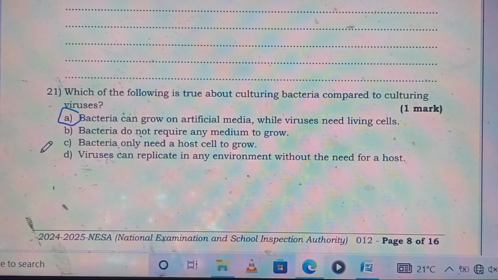Question number 21. Which of the following is true about the culturing of bacteria compared to the culturing of viruses? It is A, bacteria can grow on artificial medium while viruses need living cells. The others here are false, and even here it is false, and even here it is false.